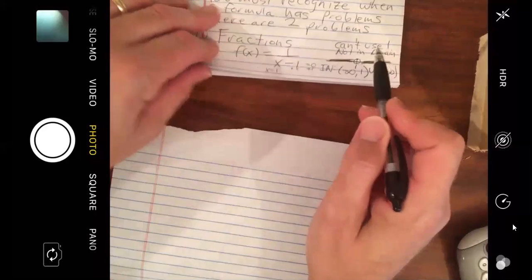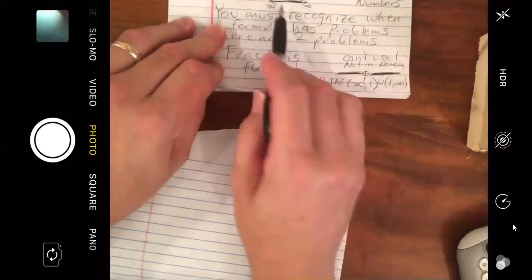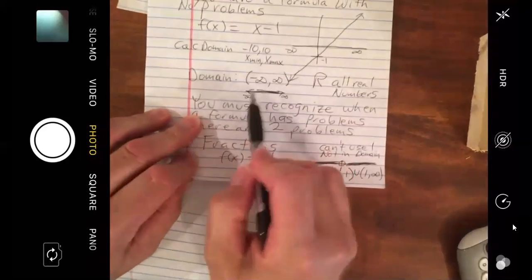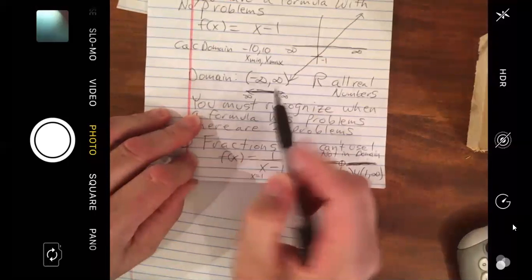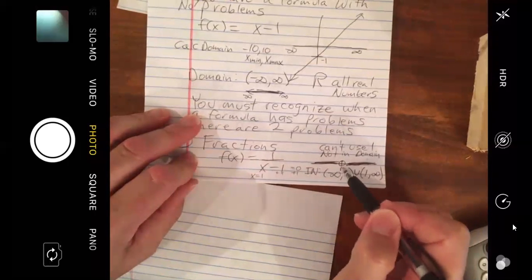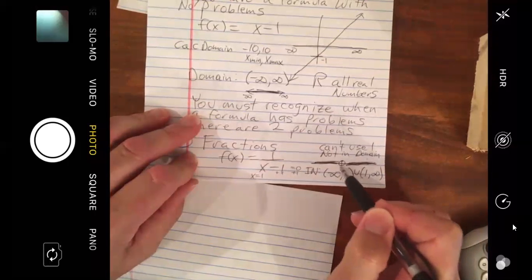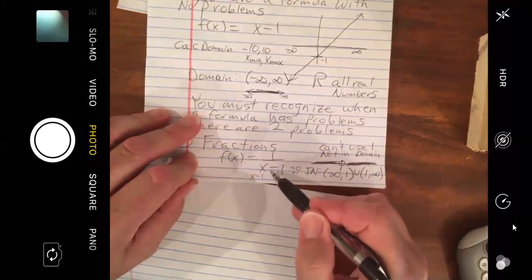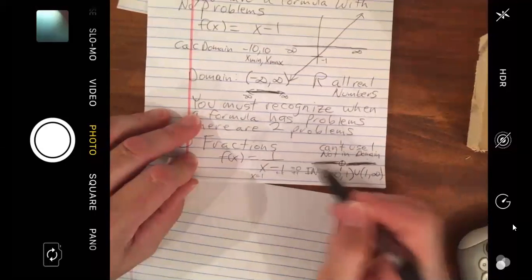So what you've got to do, I've made a picture of the all real number domain. You got the same kind of picture, but you got to put in a 1 here, and you got to stick an open circle. 1 is illegal in this formula, but you can use numbers both sides.